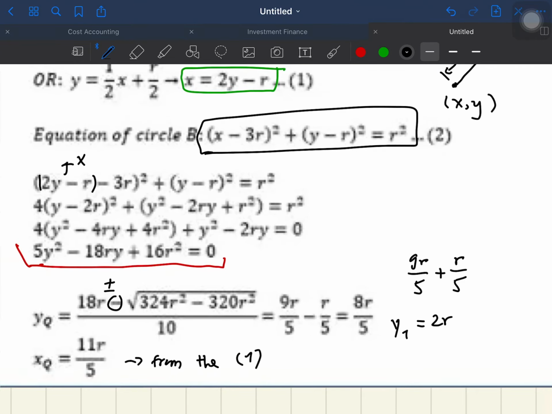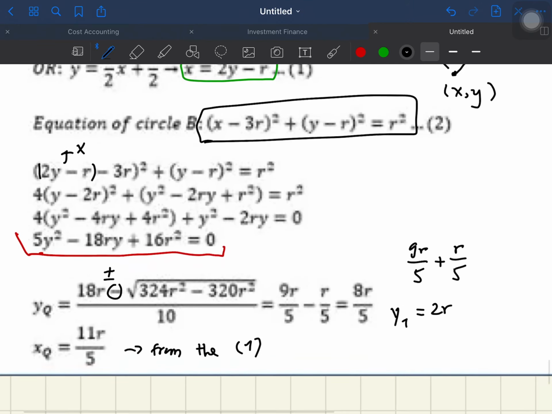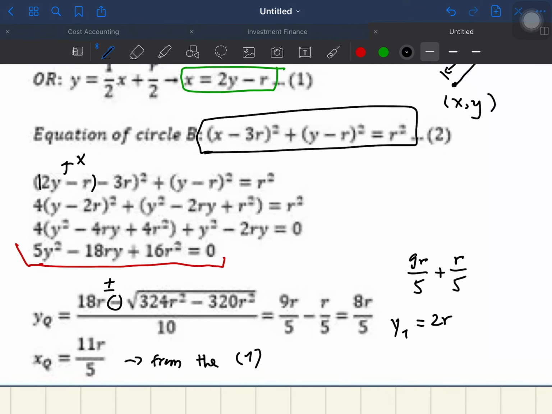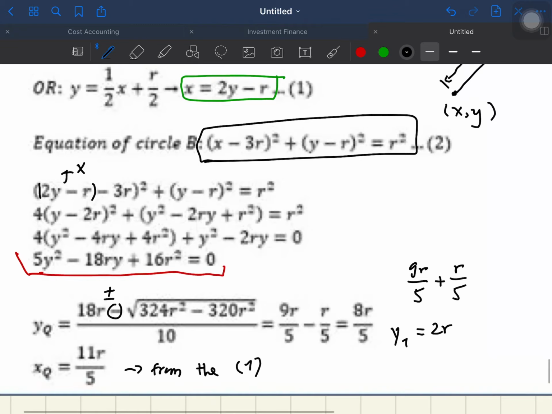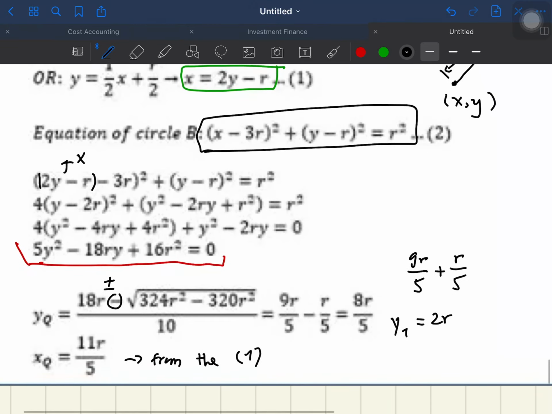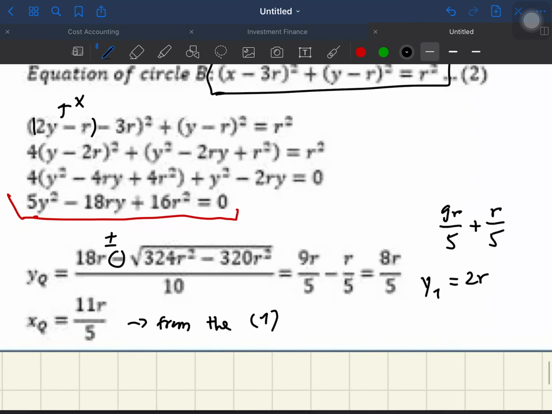So when I solve for the y coordinate of Q, I have two answers. One of them is 2r, which I will eliminate because 2r is just the y coordinate of R, and the other, the negative one, will be 8r over 5, which is smaller than 2r, and this is definitely the y coordinate of Q.